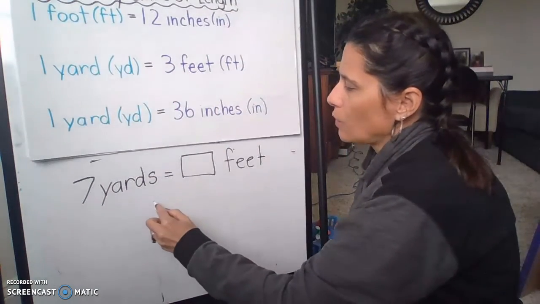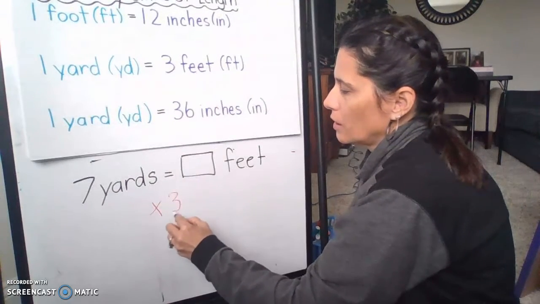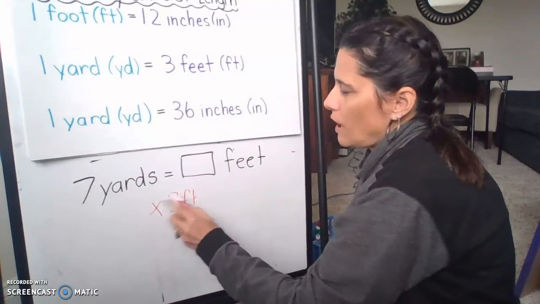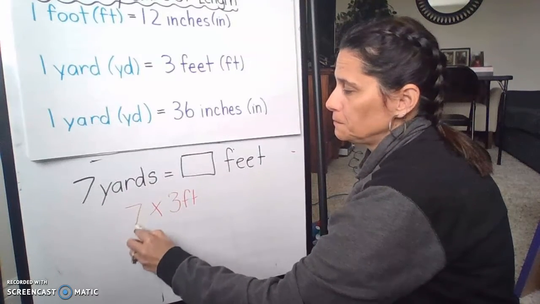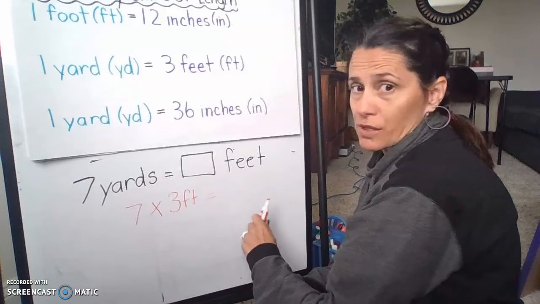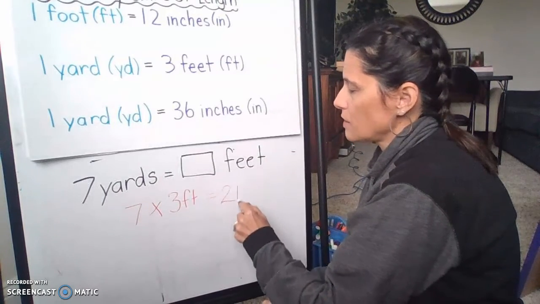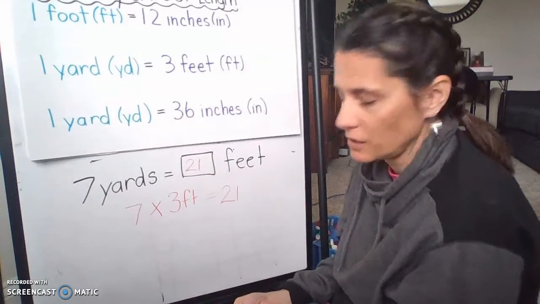So that means I know that there are going to be groups of 3. So how many groups of 3 do I have? I have 7. So that would be 7 times 3 is 21. So that means 7 yards is the same as 21 feet.